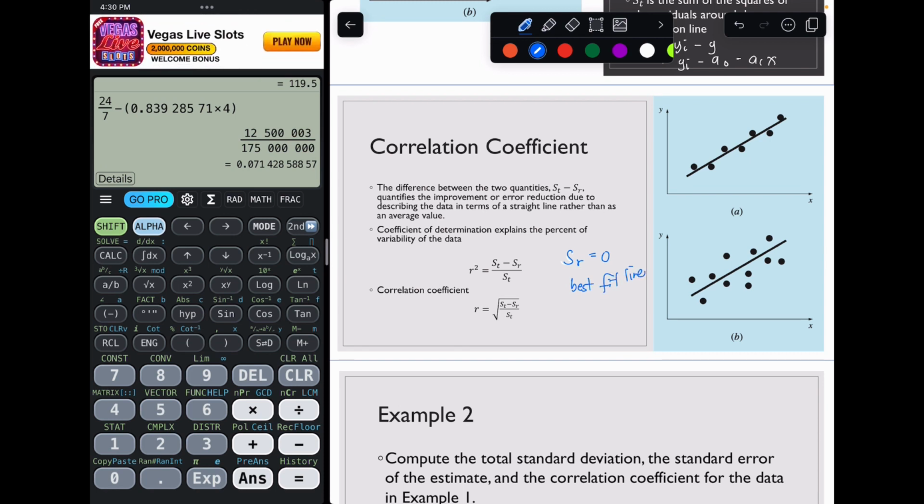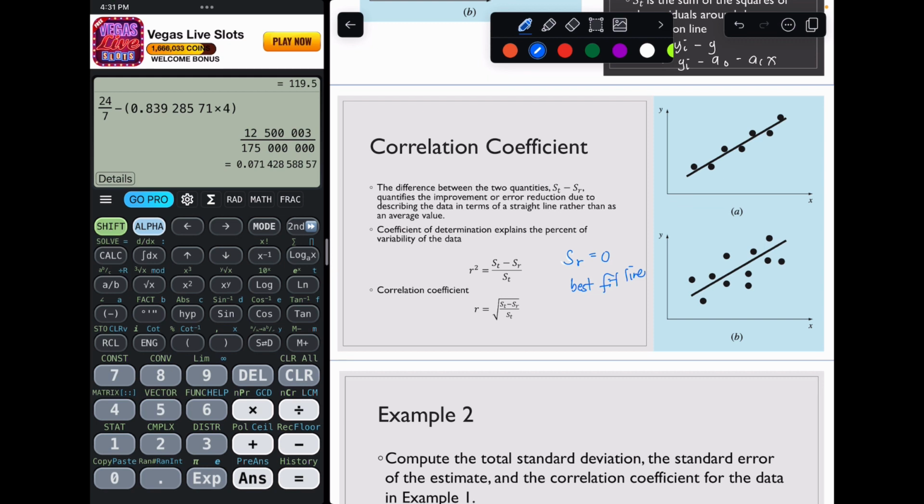If S sub r is equal to 0, that only means that the data points are very close to the regression line, and the regression line best describes the given data points.